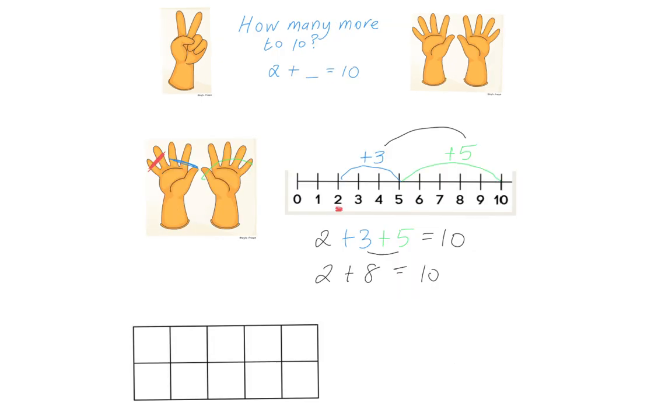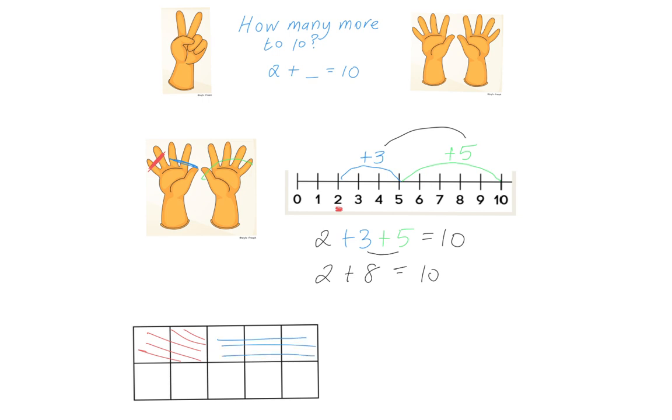We can also represent our thinking with a 10 frame and apply the same strategy, get to 5, for the students who don't have their rainbow facts of 2 plus 8 equals 10. So let's look at that. We've got our 2, and then we want to get to 5. So we've got 3 more here.